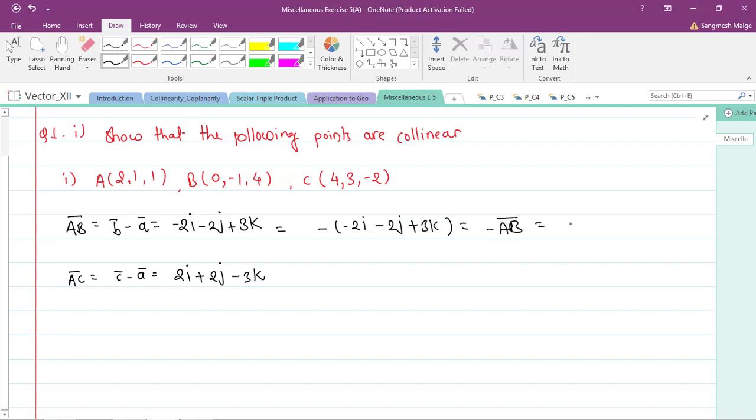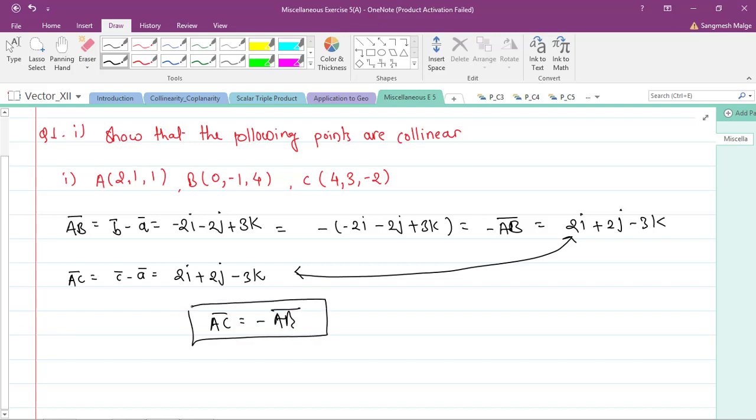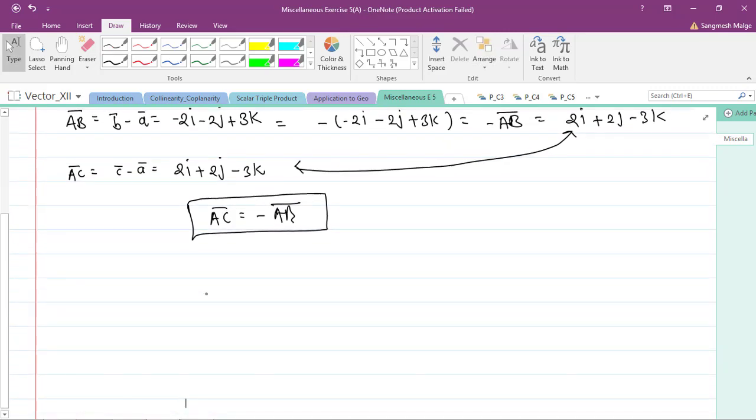AC bar and AB bar are scalar multiples of each other. Therefore, the points A, B, C are collinear. Good. Next question.